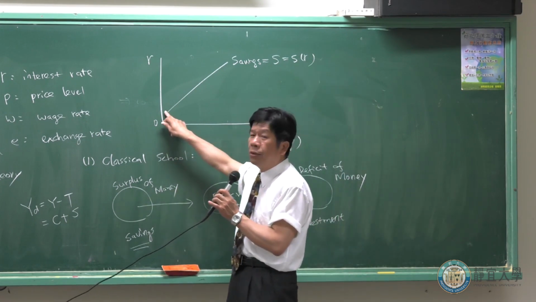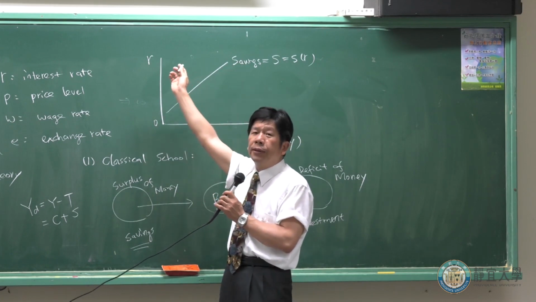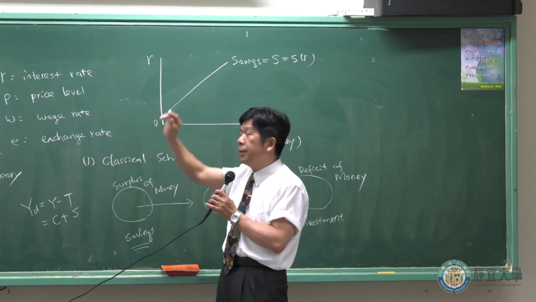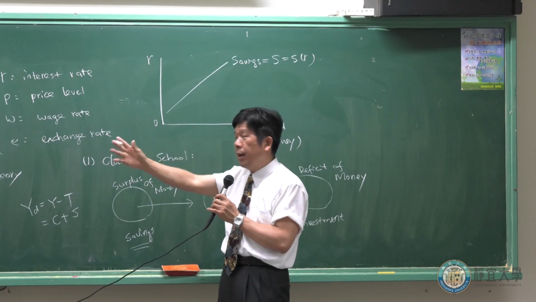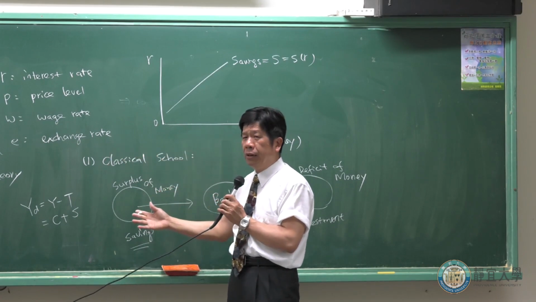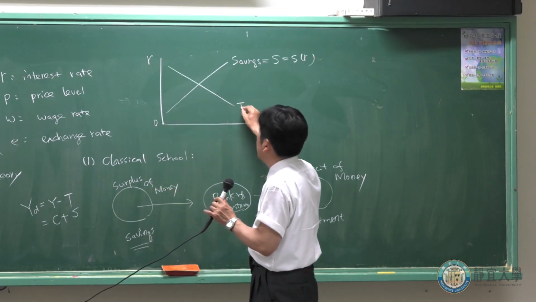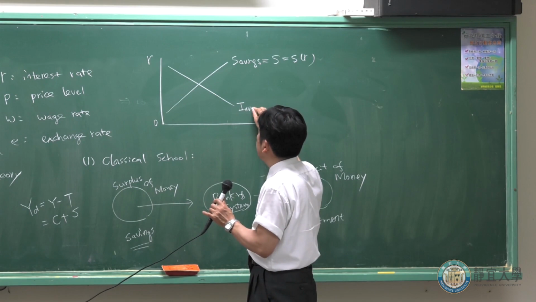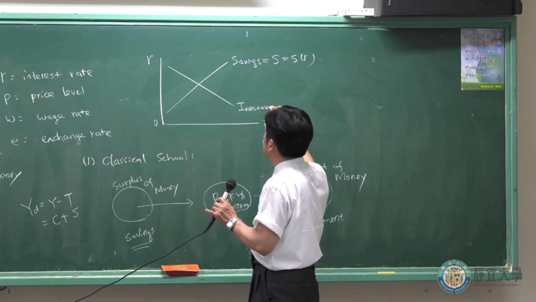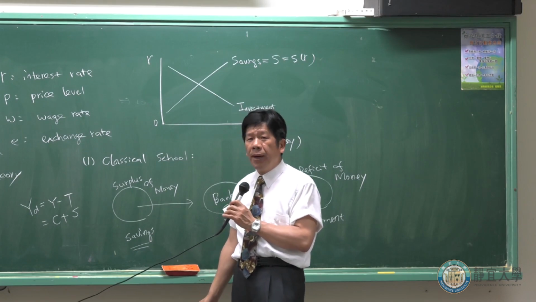So when the interest rate increases, you would like to do more savings. You can save your money in the bank, and after that you get some value from the interest rate. And the other thing, you also want to do some investment, but you have no money, so you need to borrow money from the bank.